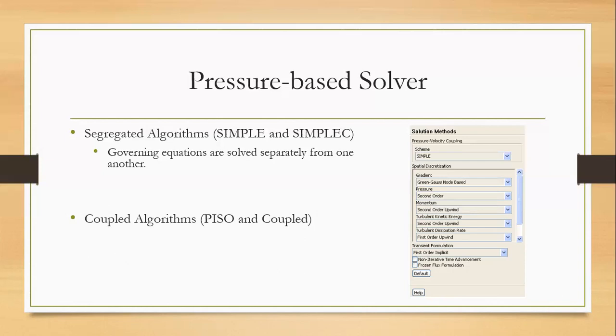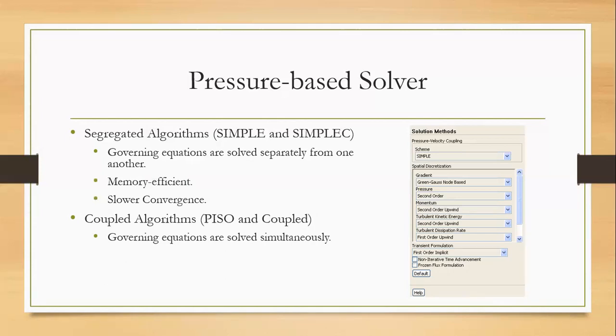We are basically decomposing all those naturally coupled equations and making the problem easy. And in coupled algorithms, there is no decomposing. The equations are solved as they are meant, so the governing equations are solved simultaneously.